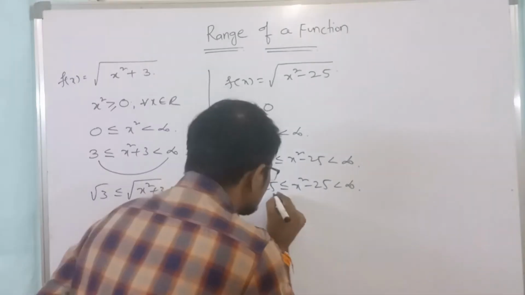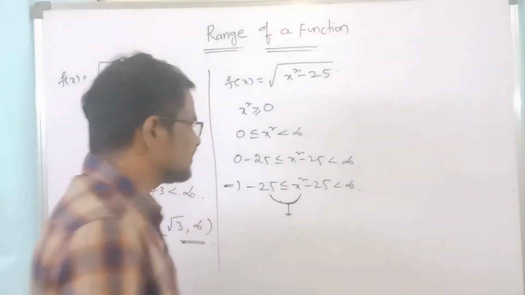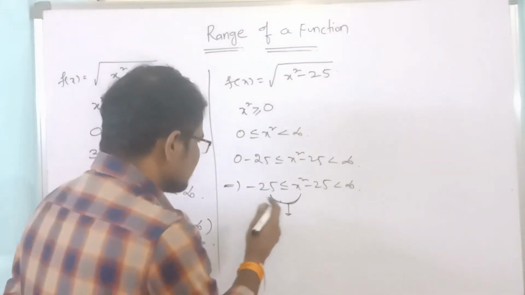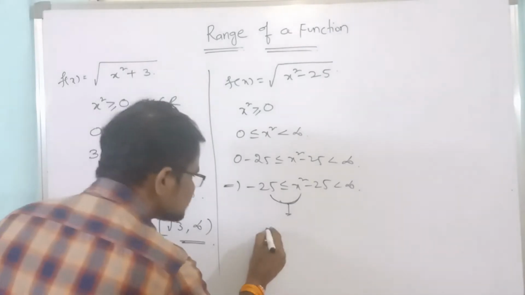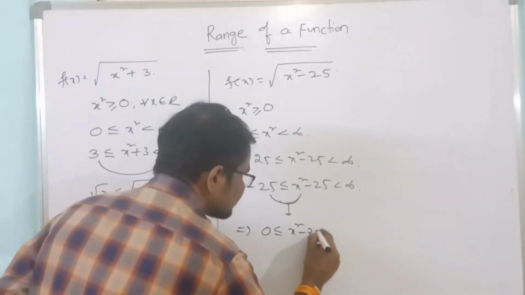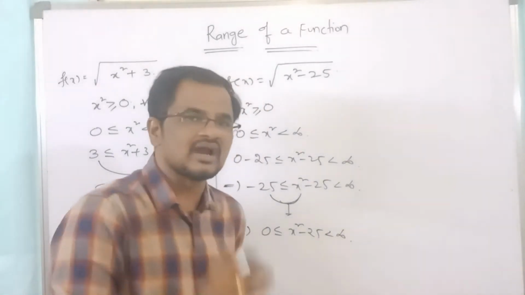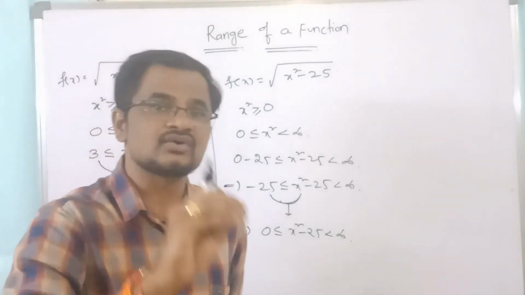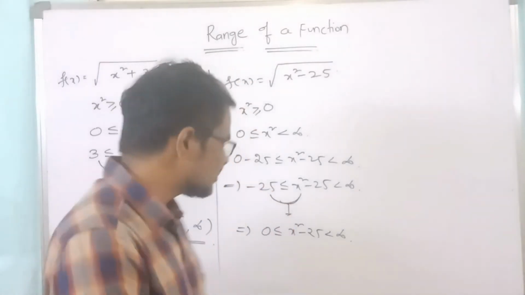So that's why we have to restrict this one, means we have to balance this one. So how to restrict this interval? 0 less than or equal to x square minus 25 less than infinity, because under root value greater than or equal to 0 means minimum value of that one is 0.